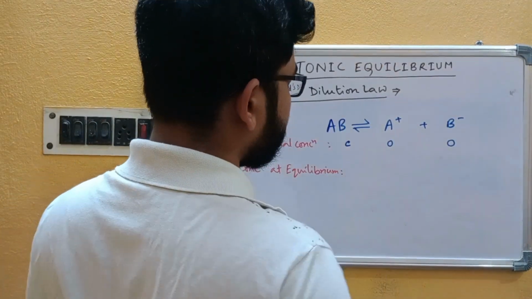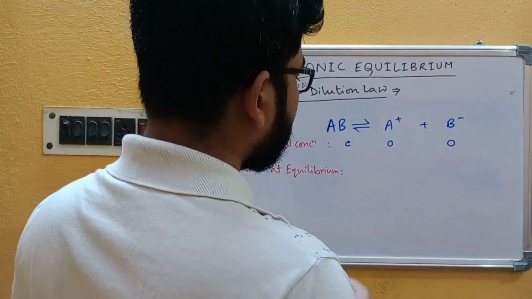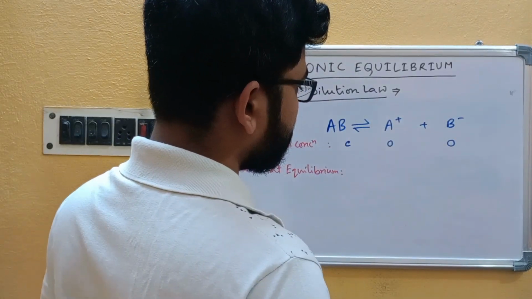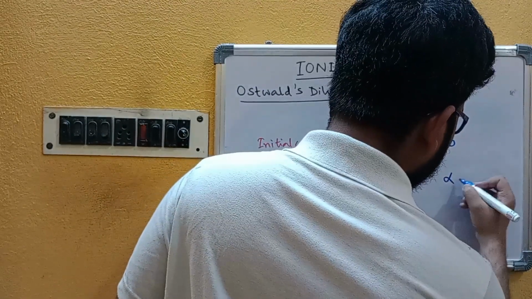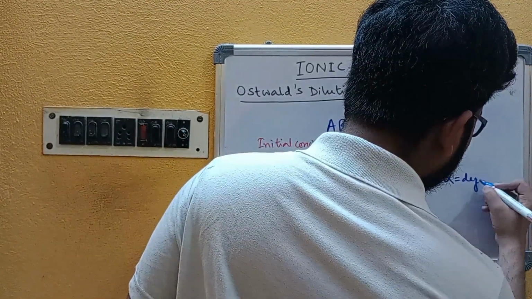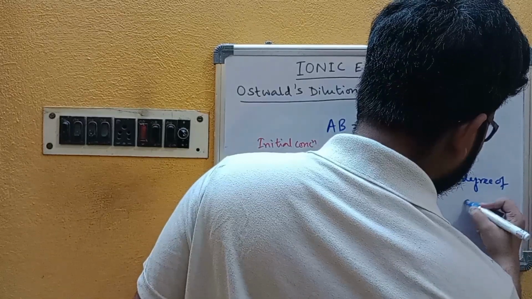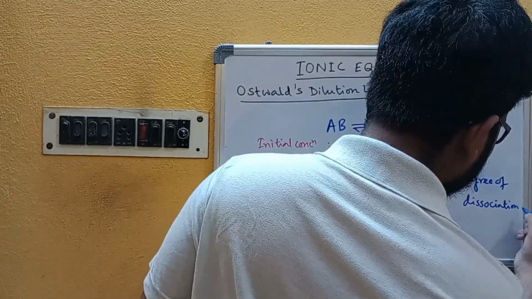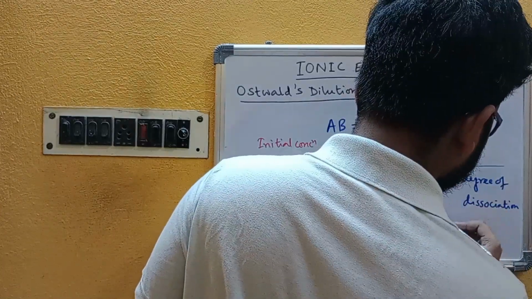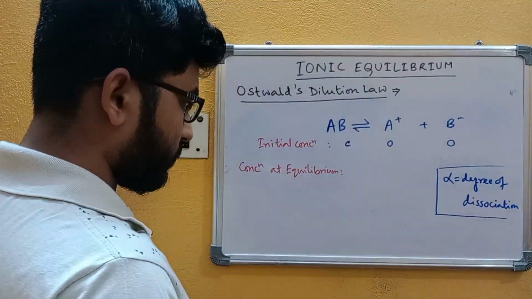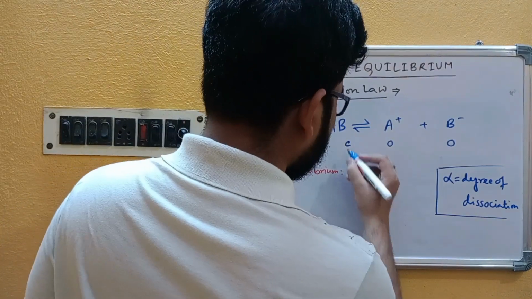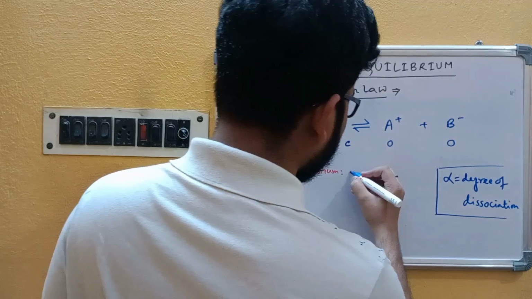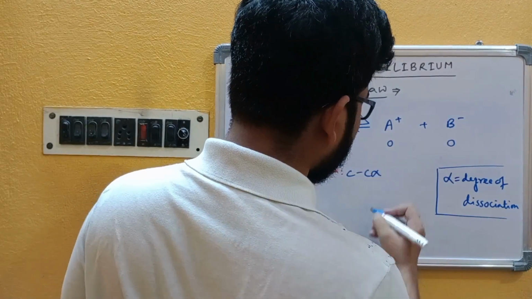Now when this reaches equilibrium, some amount of AB has dissociated to A plus and B minus, and let's suppose alpha is the degree of dissociation. Then the concentration at equilibrium will be C minus C alpha.